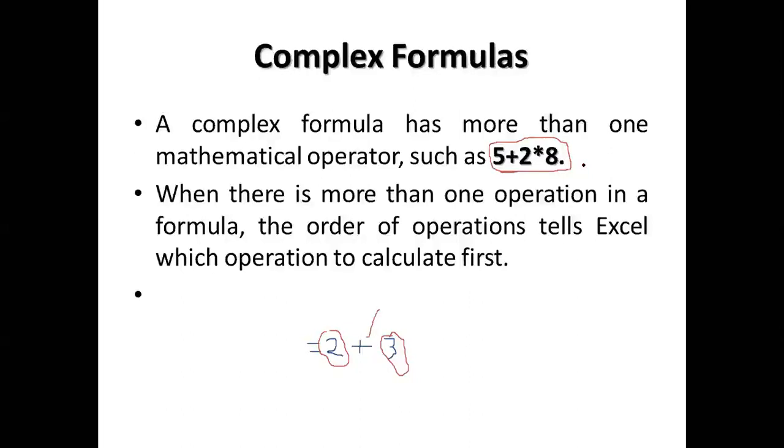So we might have maybe 2 plus 3, and then minus 1. You see that is a complex formula. Those are some of the formulas that we are going to look at in today's lesson.